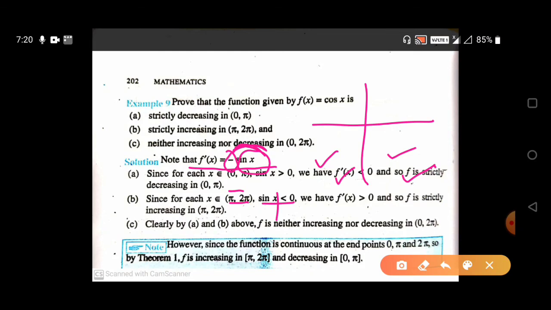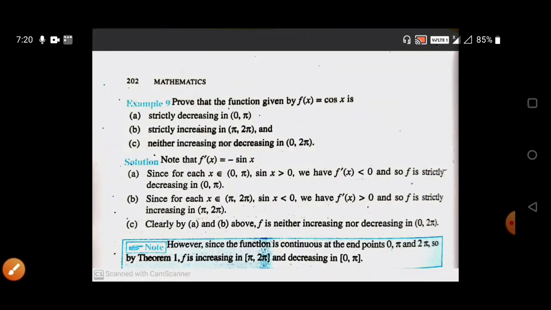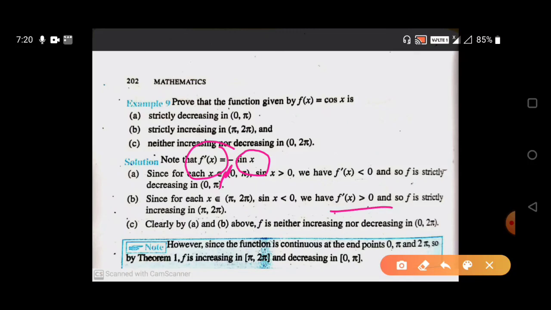Then in the fourth quadrant also sin x is negative. Whenever sin x is negative, then with this negative sign f'(x) will become positive. So for both the quadrants f'(x) will be greater than 0. So f is strictly increasing in π to 2π. This is the open interval.